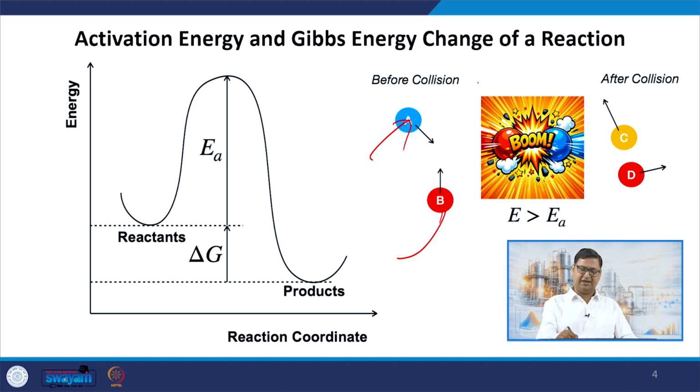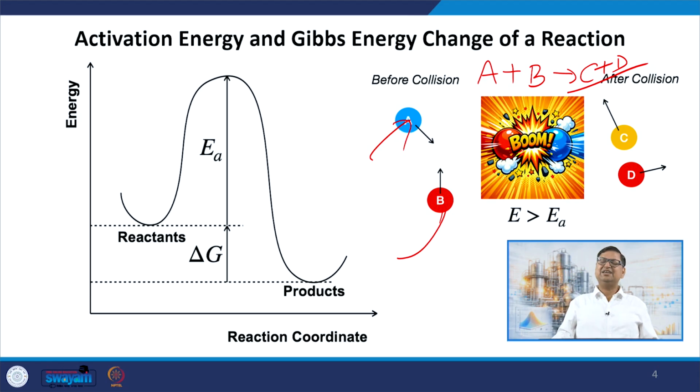So let us say here A plus B can go to C plus D. But for this to happen, the collisions must have sufficiently high energy. And the threshold where this happens is called the activation energy of the reaction. So, if the energy happens to be higher than the activation energy, then this reaction will take place, right.